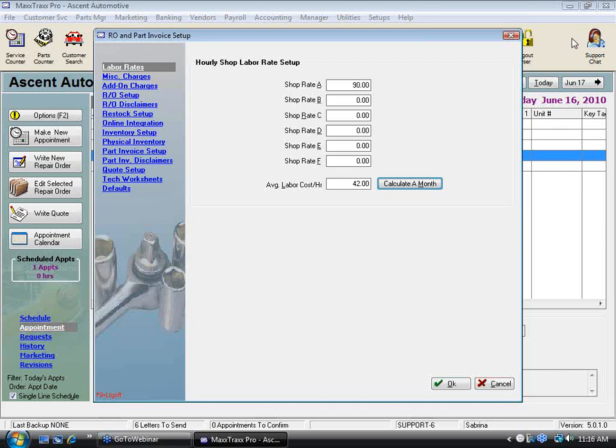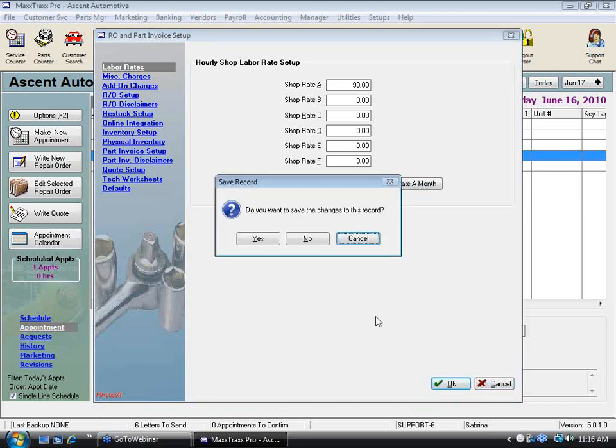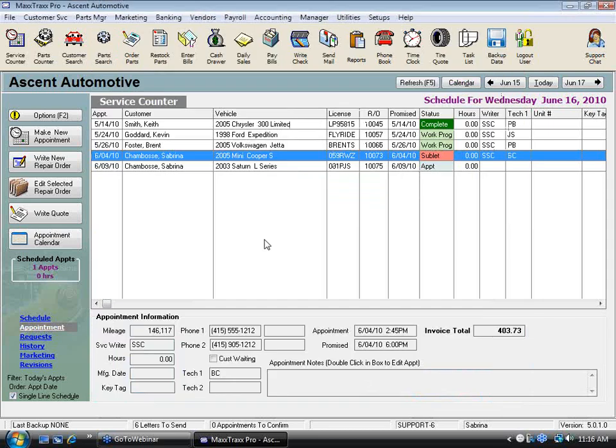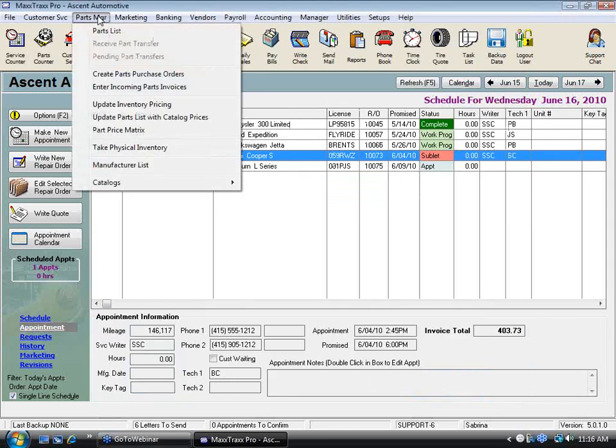Okay, so let's move on from labor. We also talk about parts. Now, parts are done in a completely different area. Our parts profitability is based on our parts price matrix.